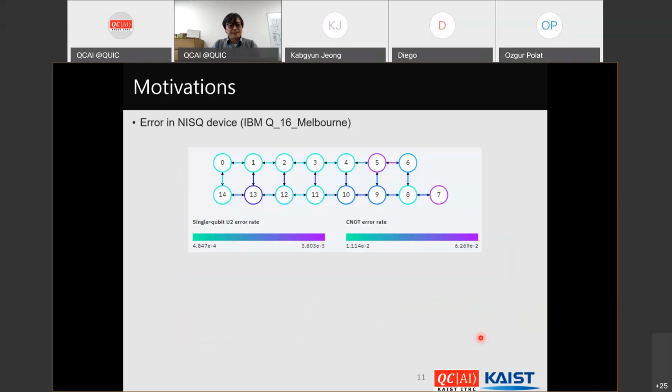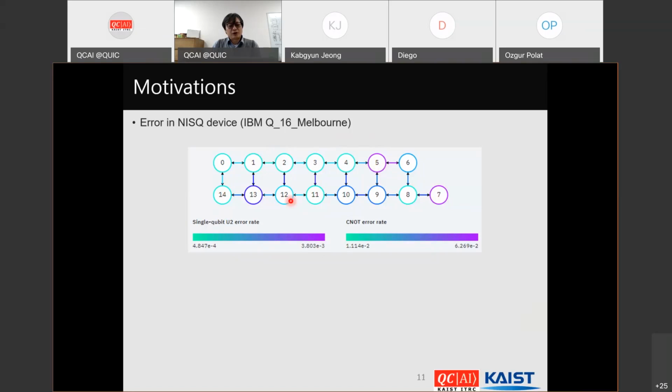This is an example of the NISQ machines. For example, the IBM 16 qubit Melbourne system shows some NISQ machine performance, right? On the blue side, the single qubit case has low errors, and on the purple side it has higher errors.